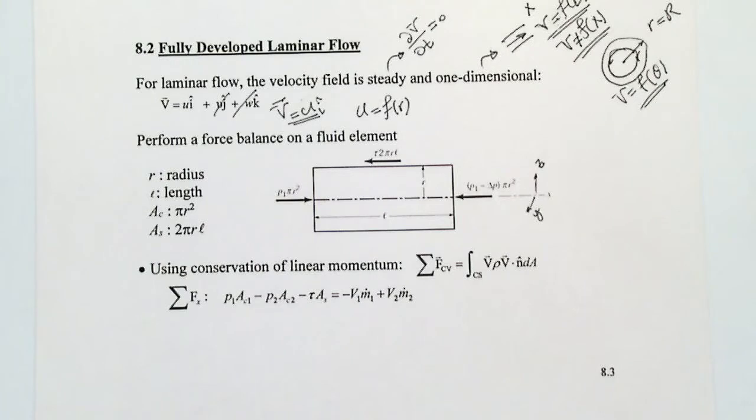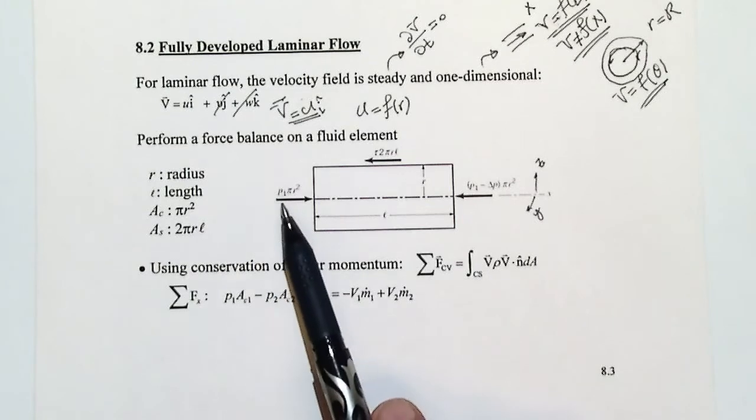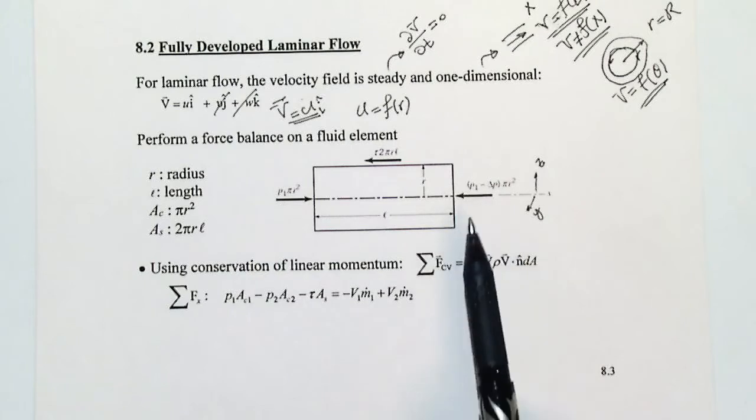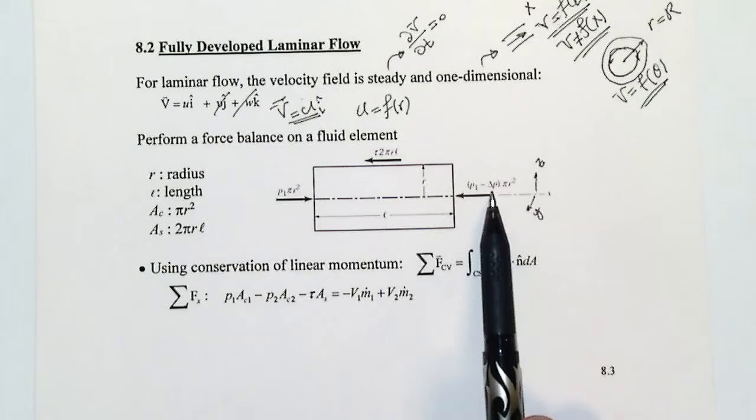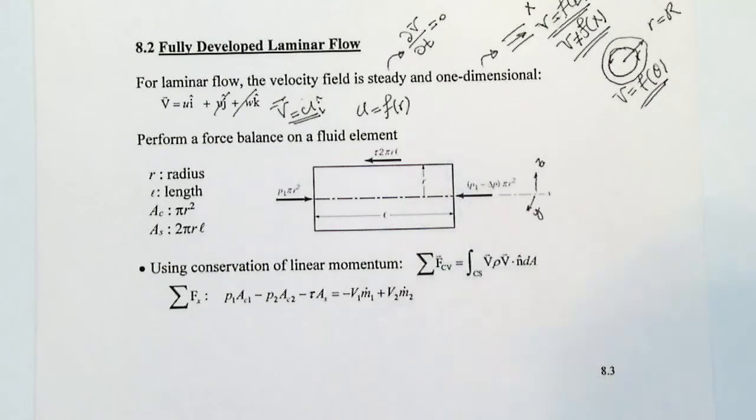Here you have a flux of flow from high pressure to low pressure. So that's why we put P1 here as an entrance pressure, but at the end, if the pressure difference is delta P, we don't put P2 here, we put P1 minus delta P.